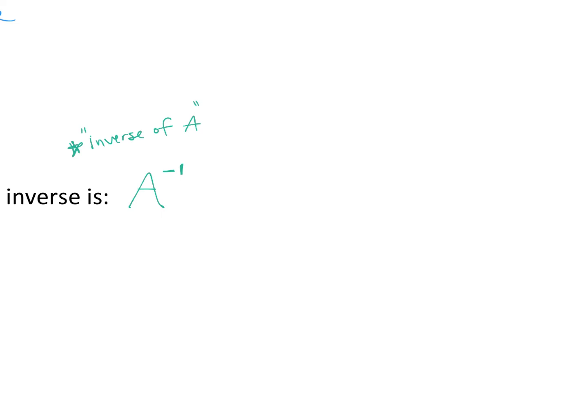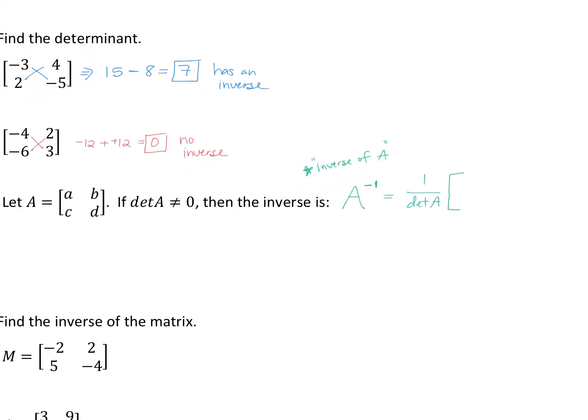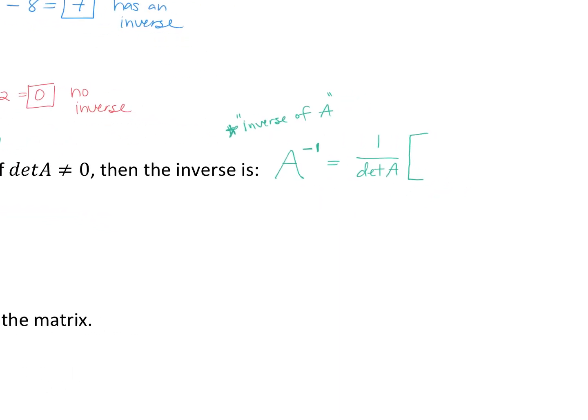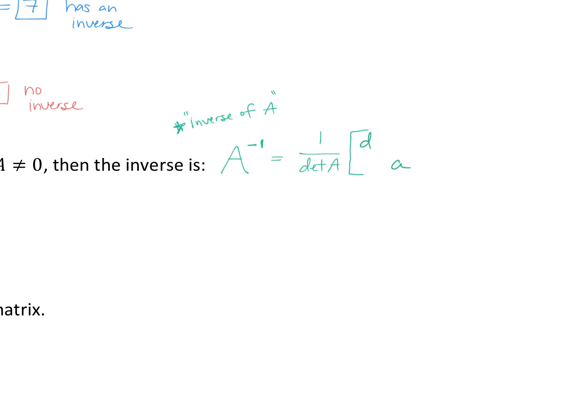So the inverse of A is going to equal 1 over the determinant of that matrix. And then here's what you do with the matrix we started with, A, B, C, D. You take your A and your D and you swap them. So now it's going to be D here and A down here. And you take your B and your C and you make them opposites. So the opposite of B goes here, the opposite of C goes there.